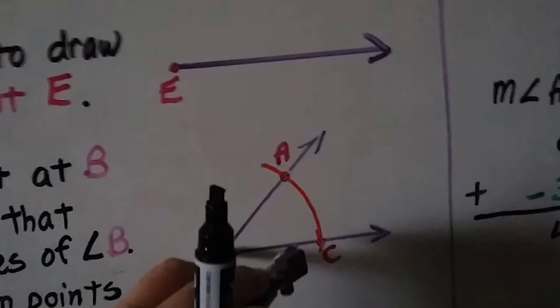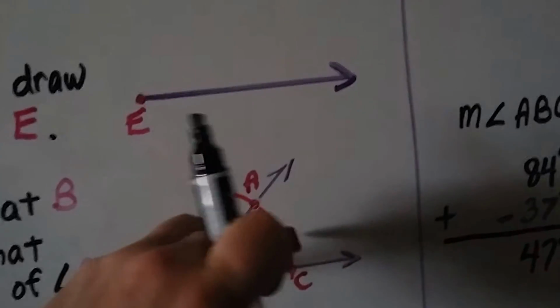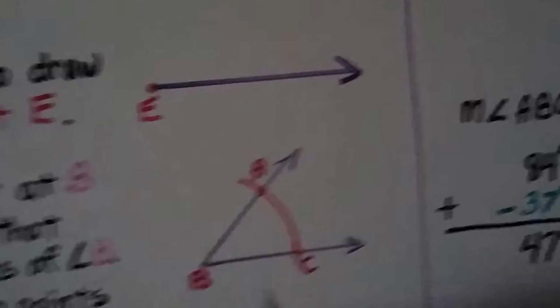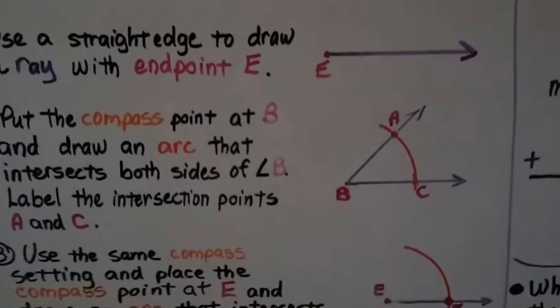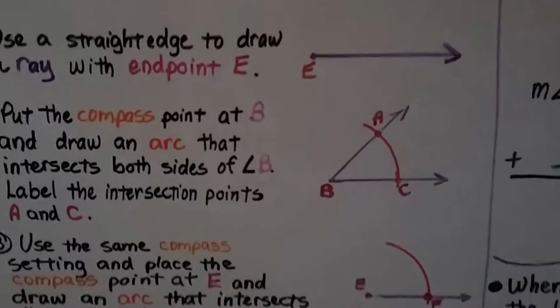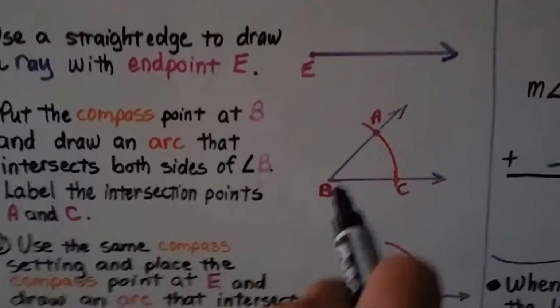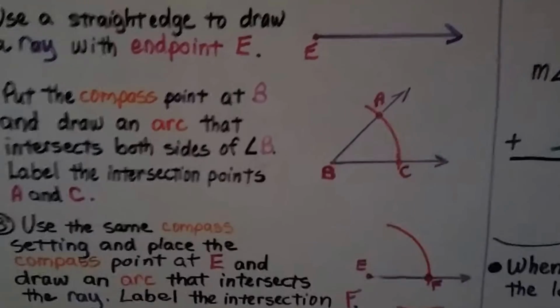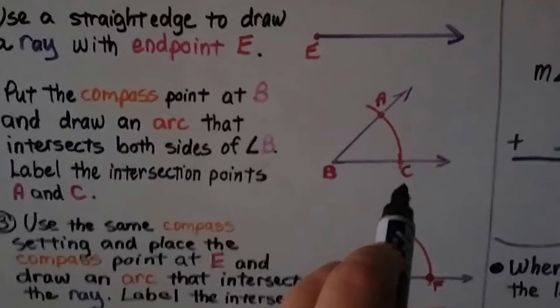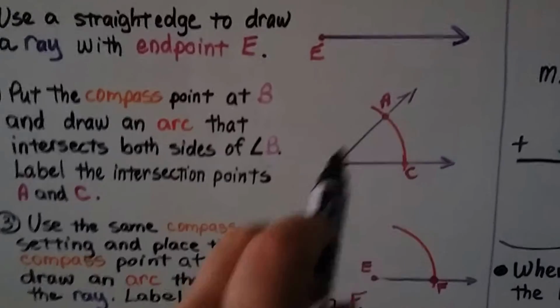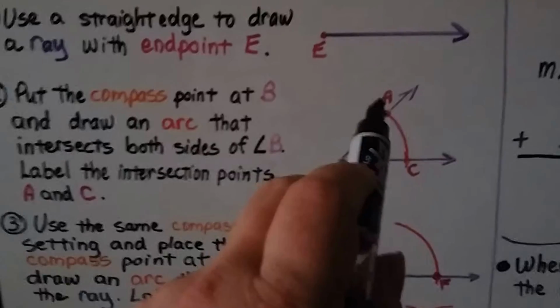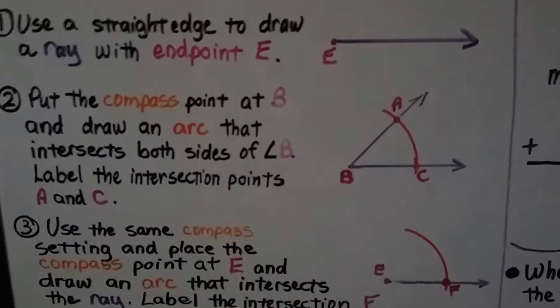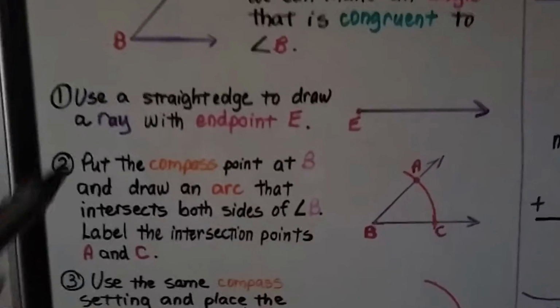We make sure that it intersects both sides of angle B, this ray and this ray. And we label the intersection points A and C. We can label it anything we want, but I'm just using ABC, okay? So now we have this point and this point on our original angle, okay?